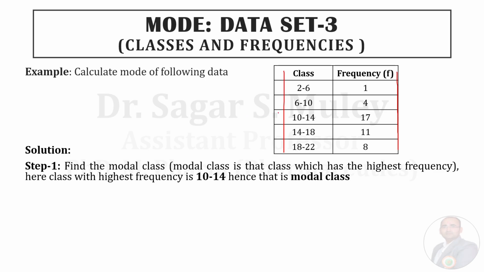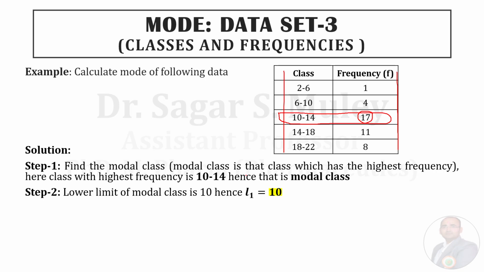In this case, the third class, 10 to 14, has the highest frequency, that is 17. That's why we select this as the modal class. Okay, so 10 to 14 is our modal class.